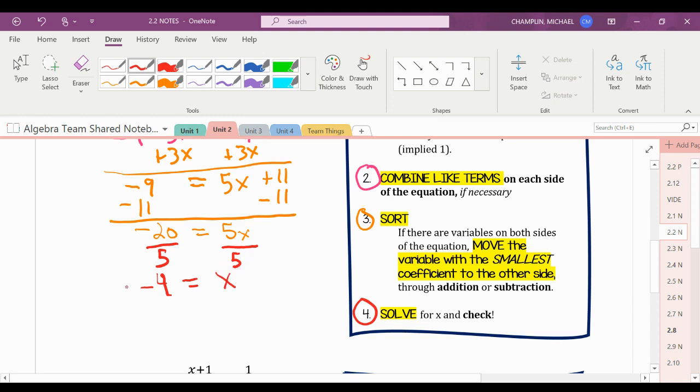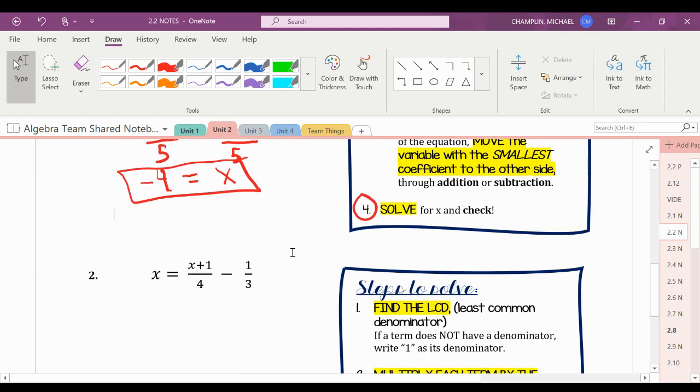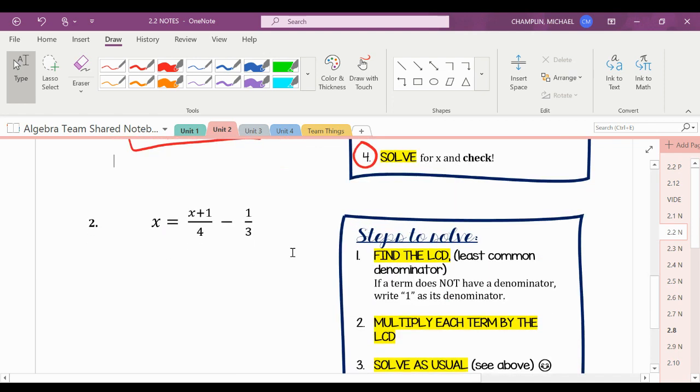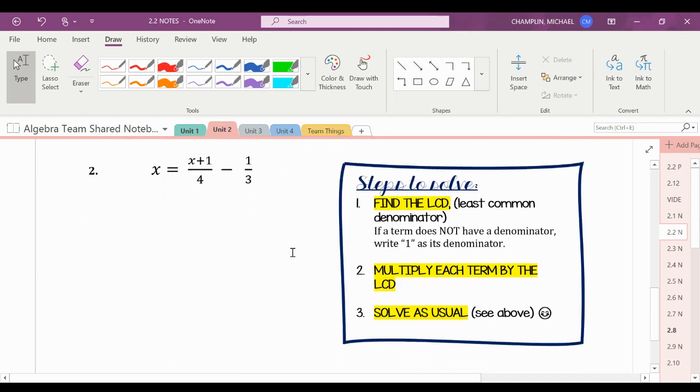And there we go, friends. We have negative 4 equals x. If you don't believe that I'm right, please feel free to plug it back in and let me know what you get. Okay, and I'm going to give you the secret. It's more than likely negative 4. All right, let's move on to number 2.